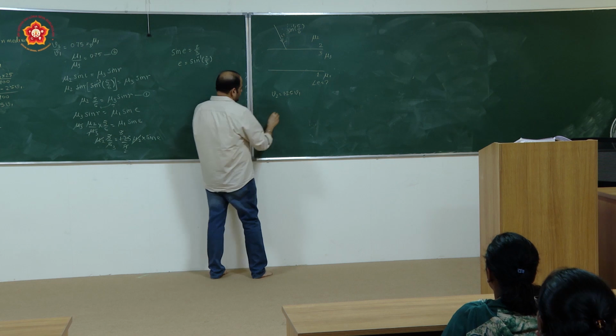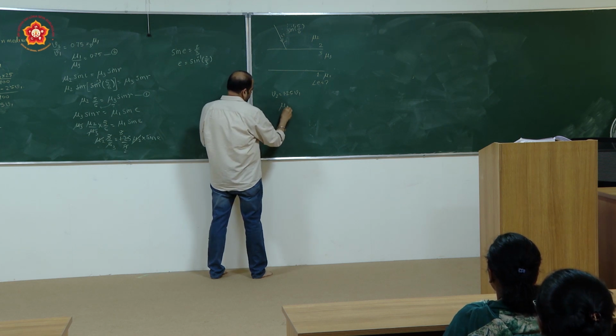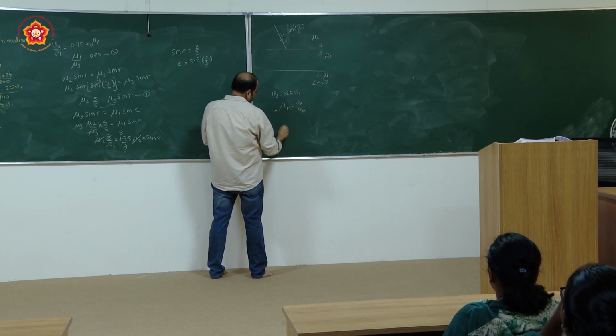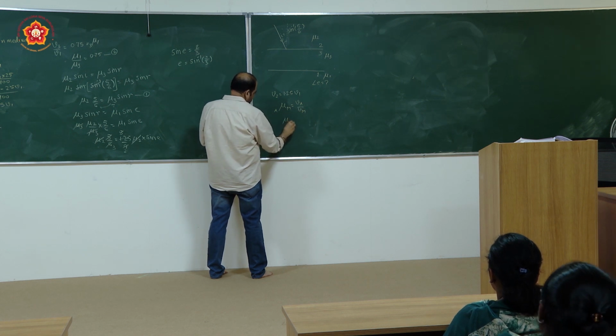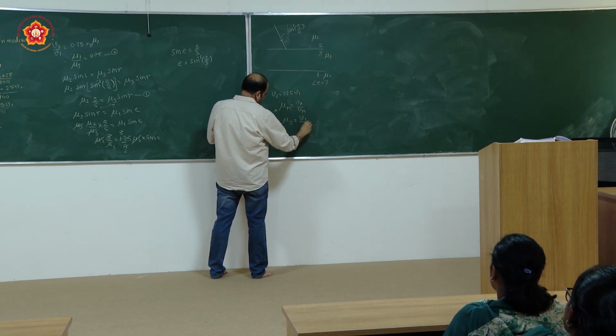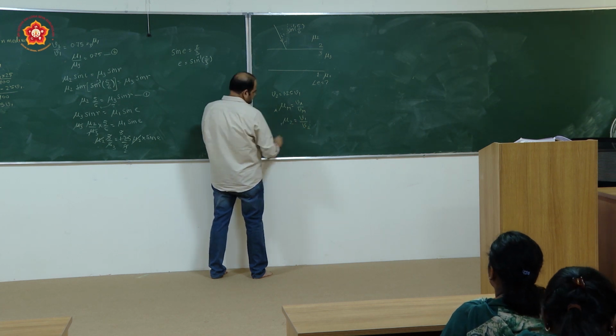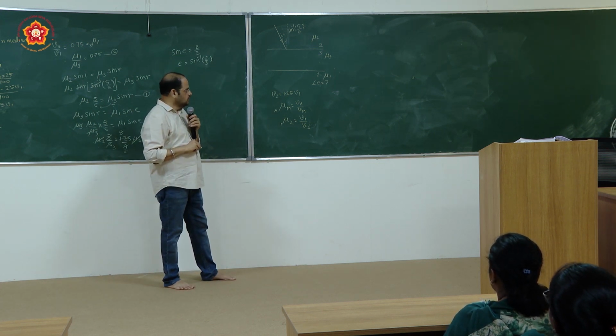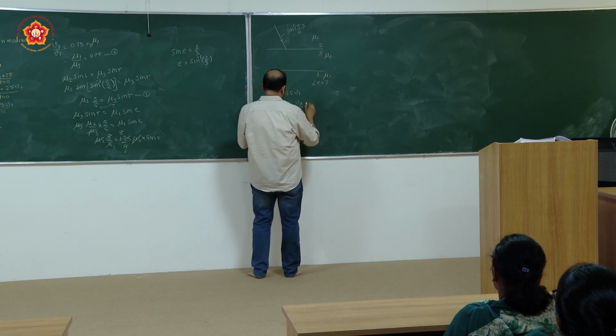Now, the general formula for refractive index of any medium with respect to air, we put it down as velocity in air upon velocity in medium. So if I am writing refractive index of second with respect to first, it will be velocity in first upon velocity in second. Am I right?